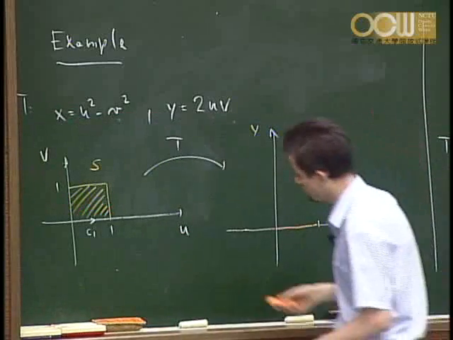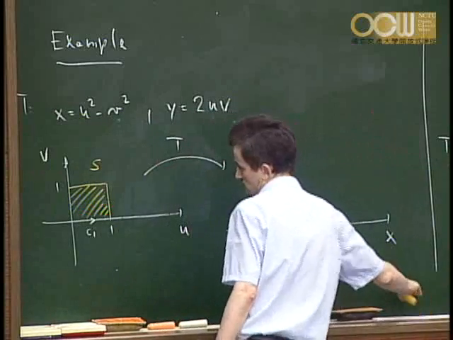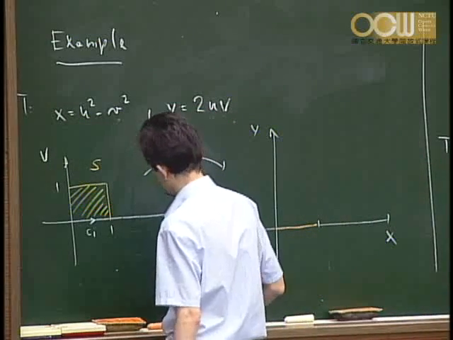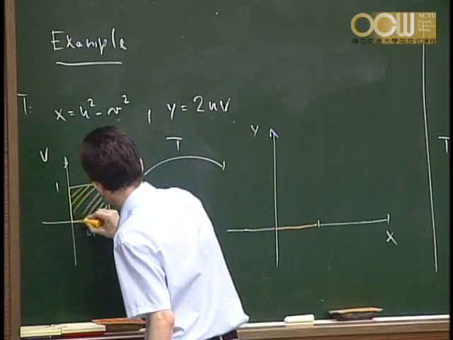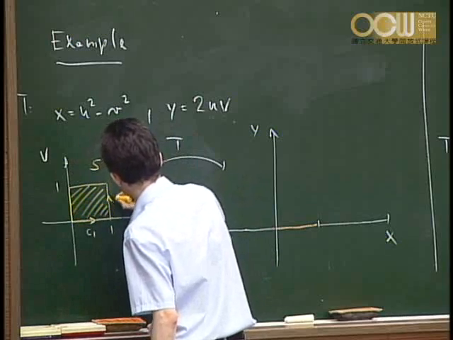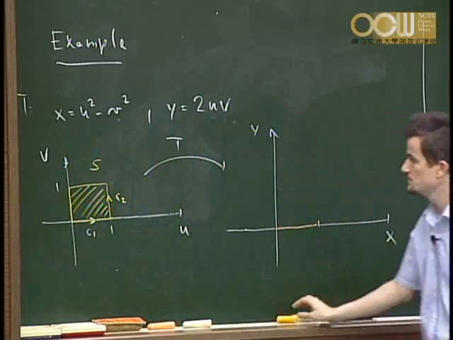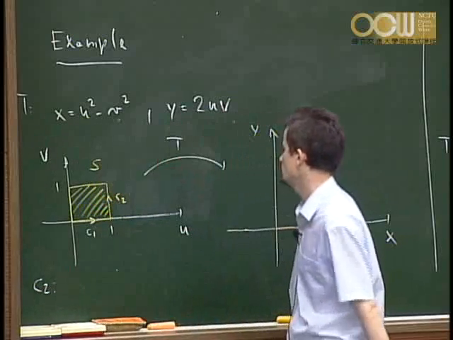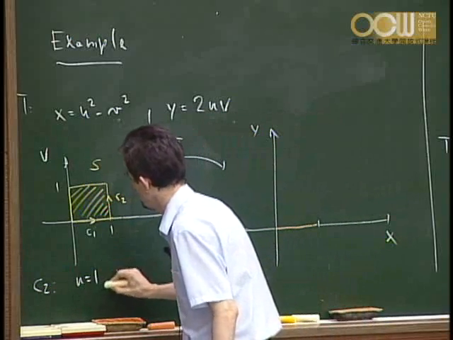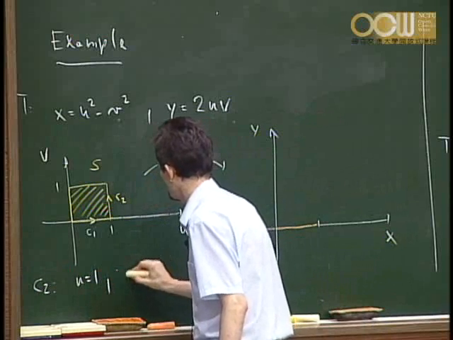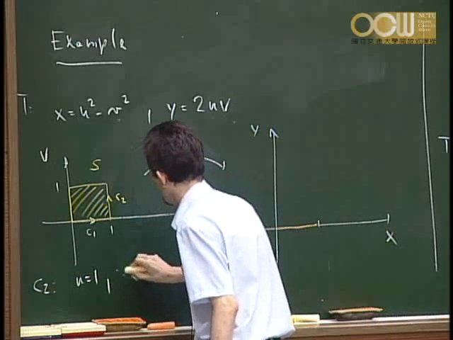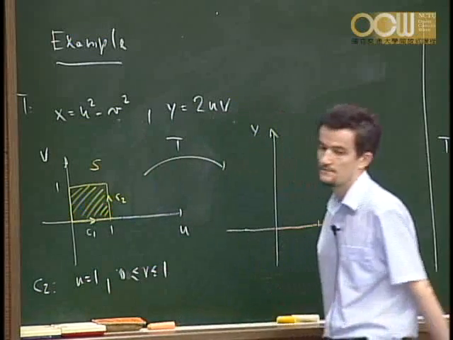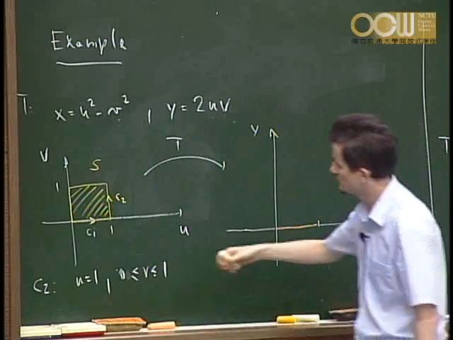Now, if we walk up here, let's call this C2. On C2, you have that U is equal to 1, and V is between 0 and 1. So you just plug this into the expressions.